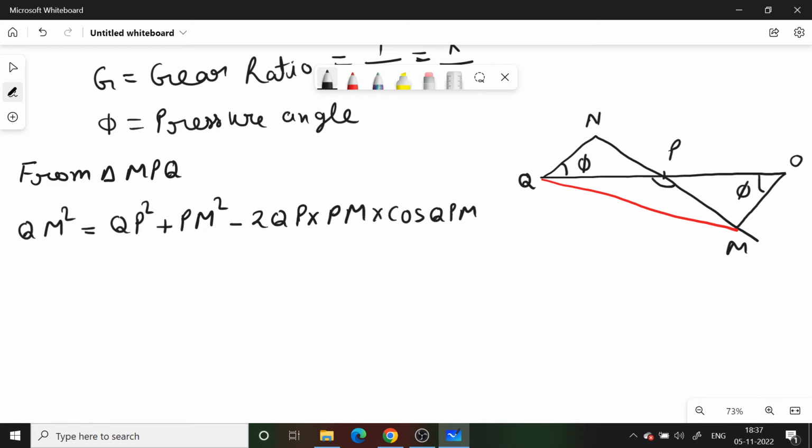This angle QPM will be equal to pi minus (90 plus phi). This angle will be equal to 90 plus phi.